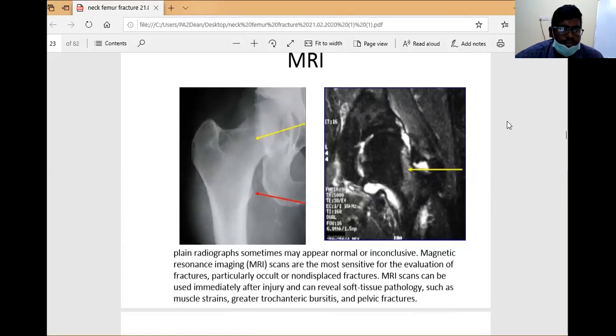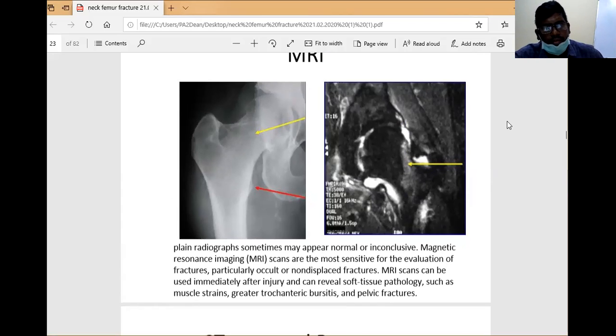Sometimes the fracture may be pathological, as seen in metastasis. In those cases, MRI is also helpful.